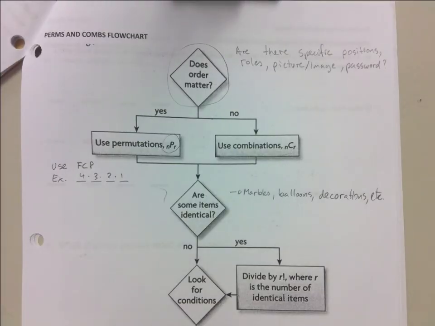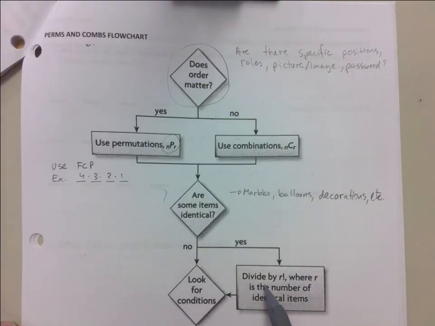Cards, I would not put under that, because if you have a deck of cards, even though there are 26 reds, every single one of those 26 is different. So be careful when it's cards from a standard deck. Don't fall for that. It's like, oh, there are 5 red cards, there are lots of identicals in there. They're not. So be careful there.